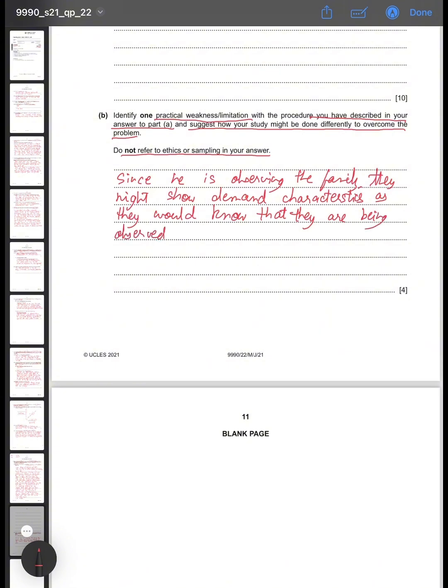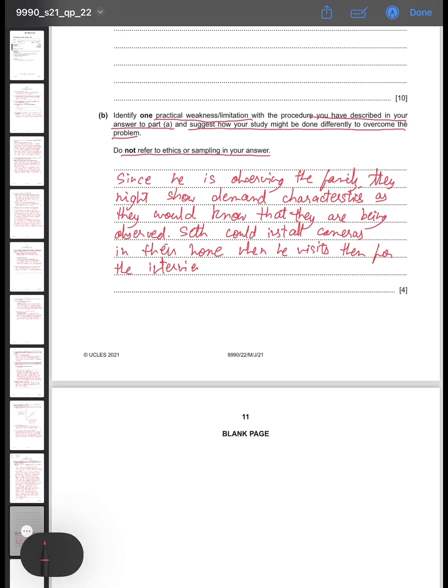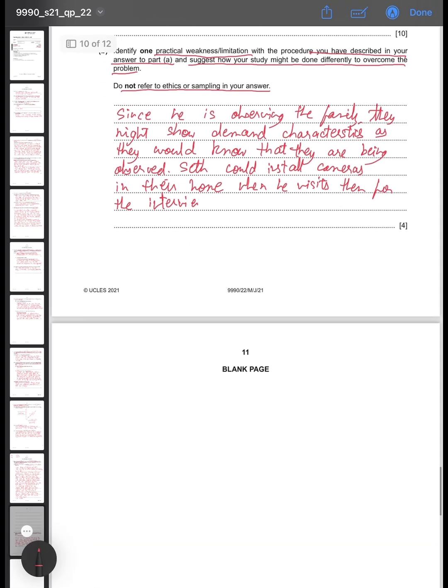And to overcome this, what Seth could do, Seth could install cameras in their home when he visits them for the interview. You need to mention that he can install the cameras in their home without telling the family members.